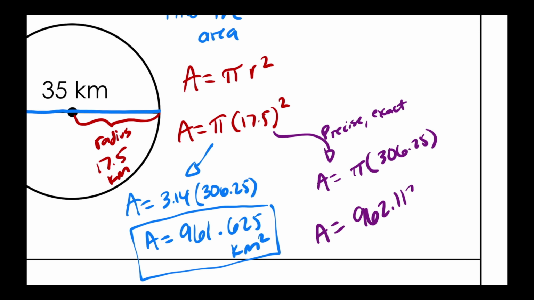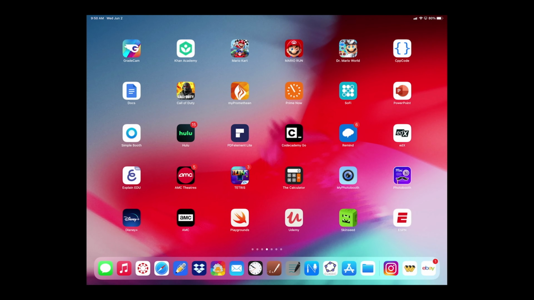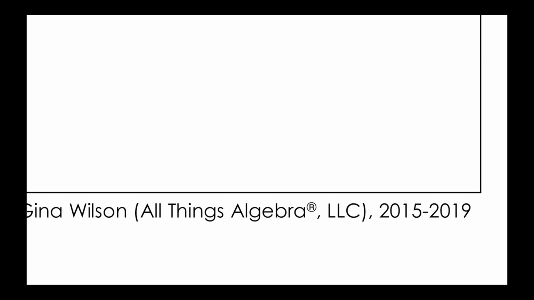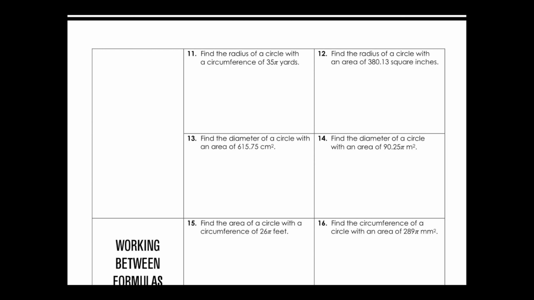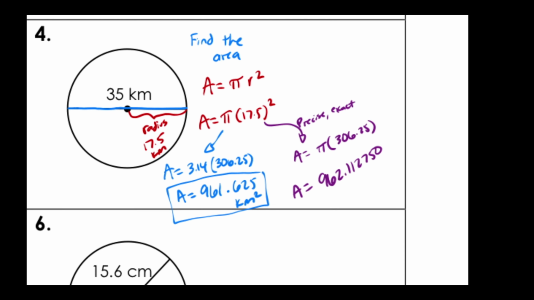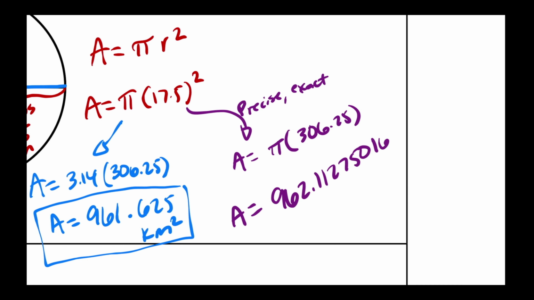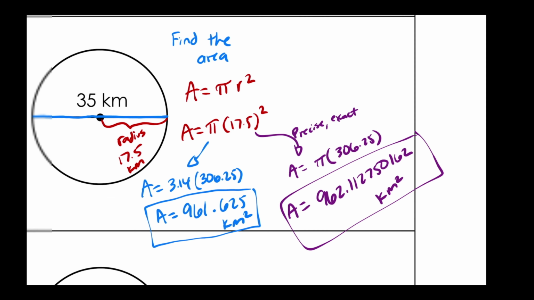Let's get more numbers. 162. 162 kilometers squared. So that's if you want to be more precise, you can use.